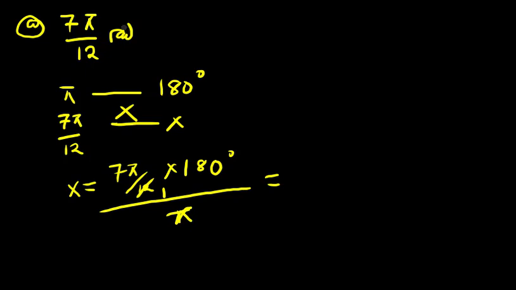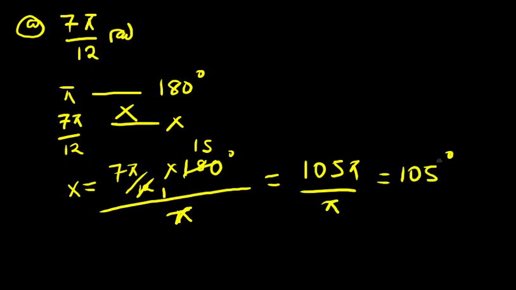When we divide 12 into 180, we know that 180 divided by 12 gives us 15. Then 7 multiplied by 15 will give us 105. So 105 pi over pi there. So this is simply equal to 105 degrees, like that.